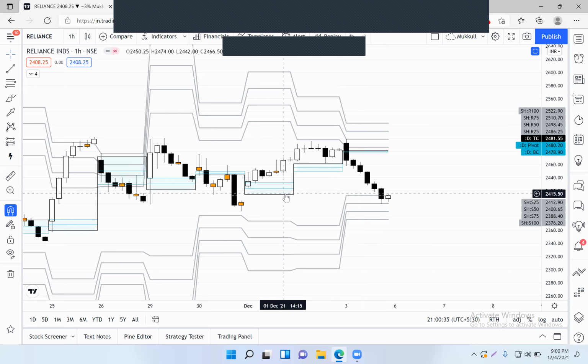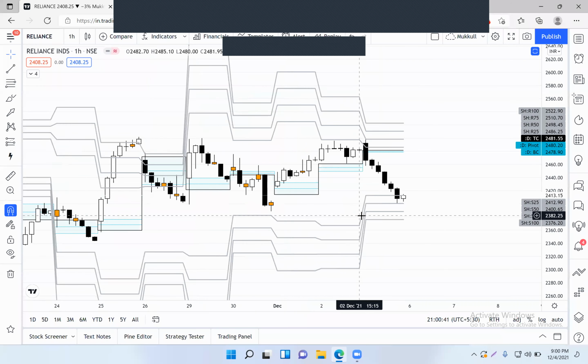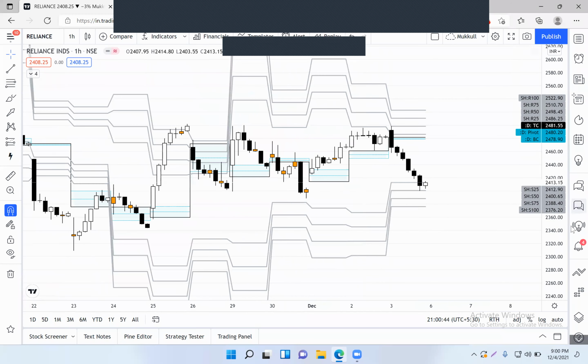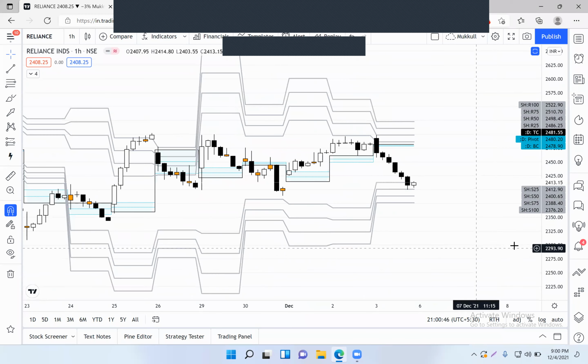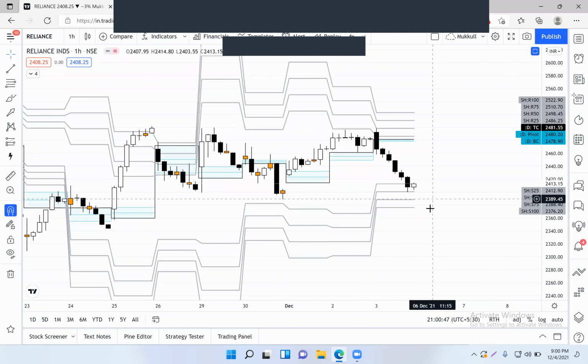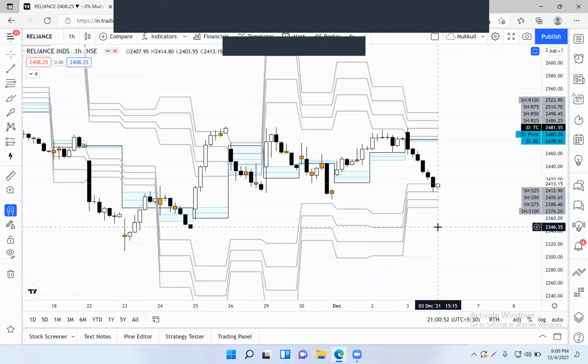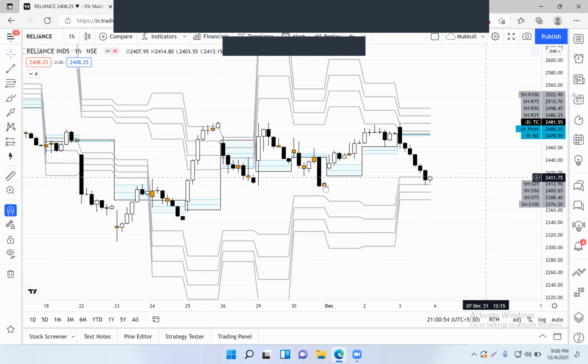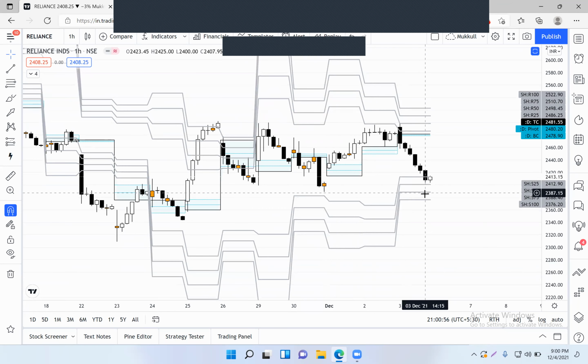What was below this? 1, 2. Ascending CPRs. So this is not fulfilling the condition. This might indicate that this script might do one more round of downside, or this is not the perfect script for a reversal setup.